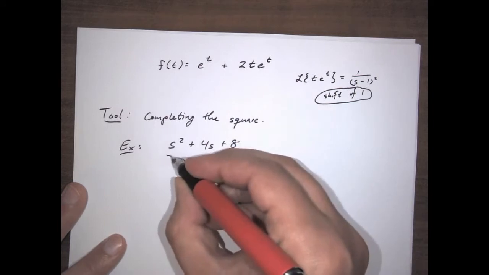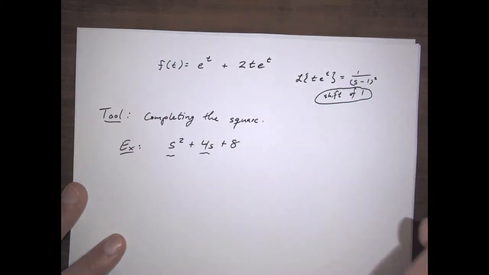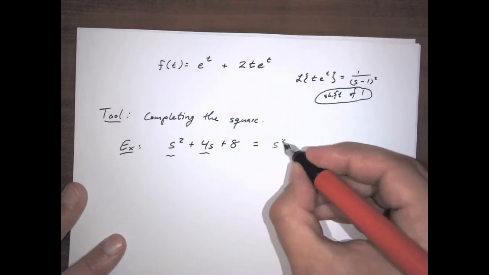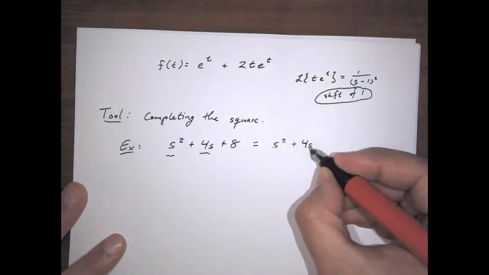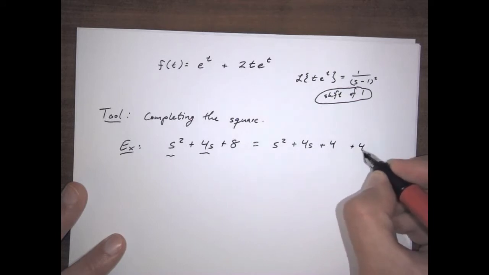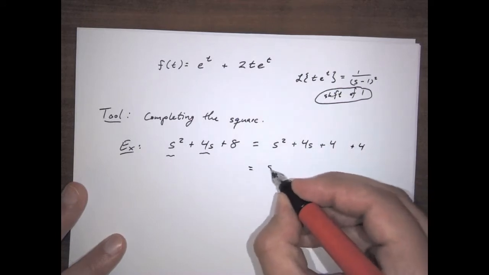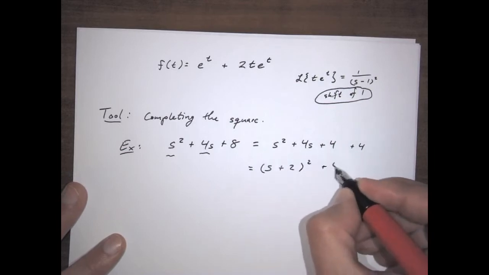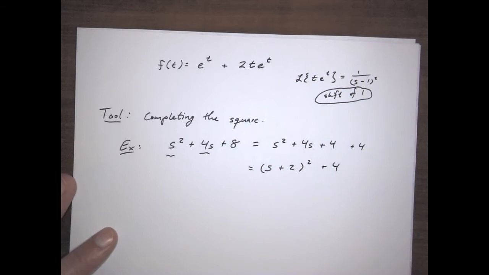We can find the square that starts off this way. So this is the same as s squared plus 4s plus 4 plus 4, which is s plus 2 squared plus 4.